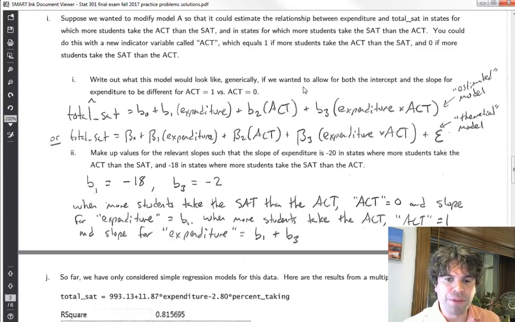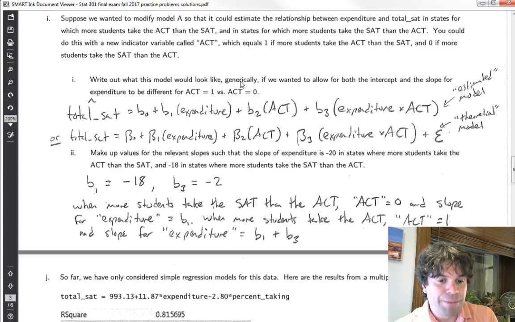So the first part says, write out what this model would look like generically if we wanted to allow for both the intercept and the slope for expenditure to be different for ACT equals 1 versus ACT equals 0. If you think back to those notes, the first example we saw was predicting resting heart rate using age, but separating by 3 different sports.